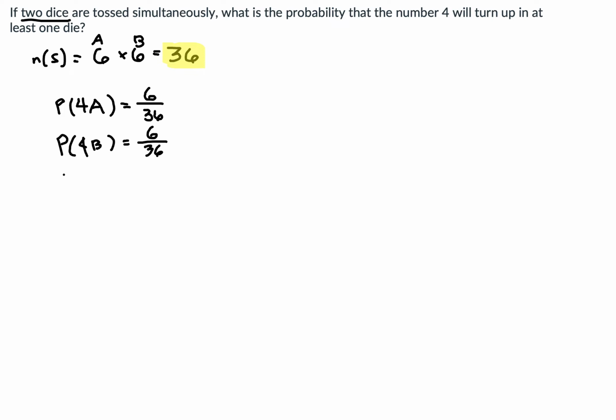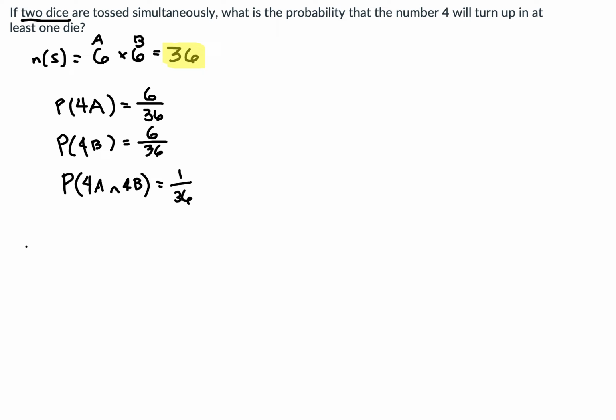But notice that there is an intersection of 4A and 4B. This is the moment that there will be two 4s, one in both dice. If there are two 4s, there's only one intersection, which is 1 over 36.